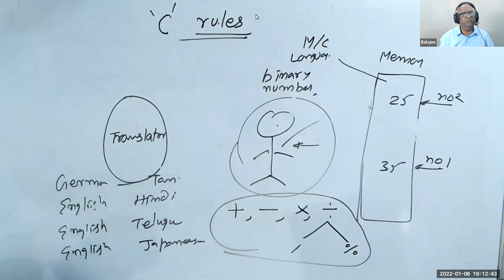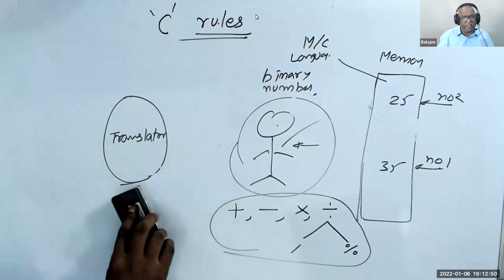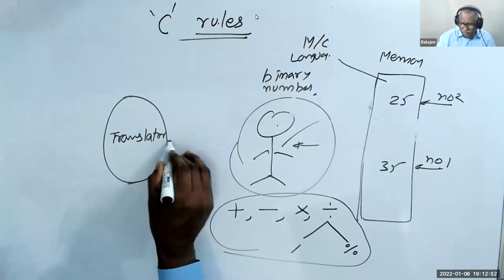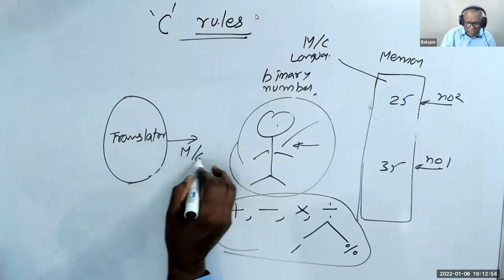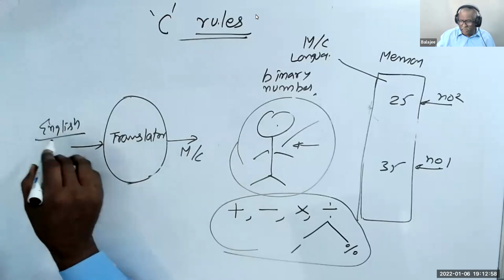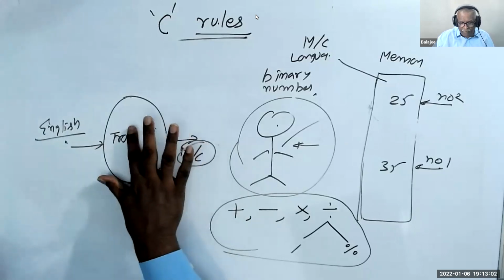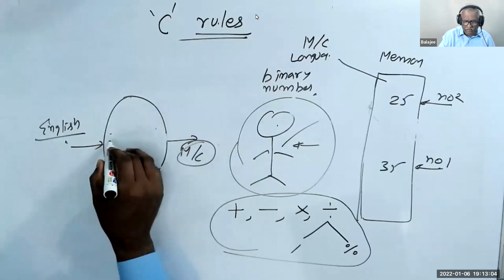Everything is called translation. So to differentiate this, when I am translating from English to machine language, they gave it a unique name called compiler.